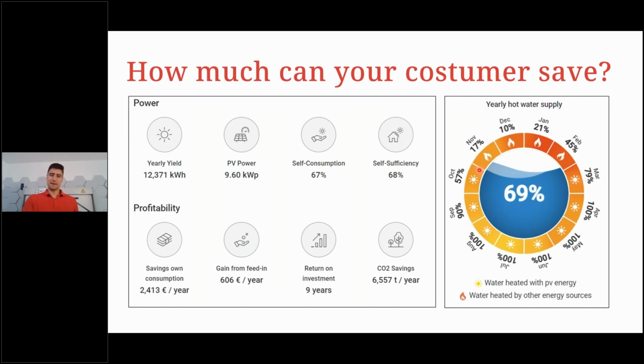In March, September, and October, more than 50% is done by your PV system, and only in the winter months, especially November, December, and January, you see that we need more or less all of the energy from the public grid for heating up water. Please also note that Wales is a very foggy destination in autumn and in winter. There can be places where also in winter you have a lot of sun, and this can be even more efficient.